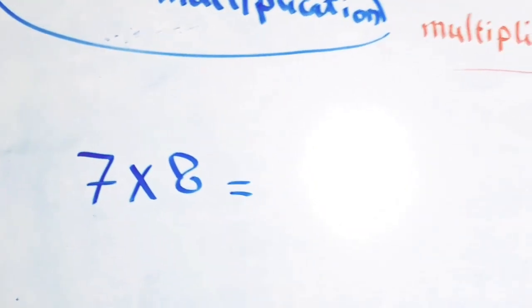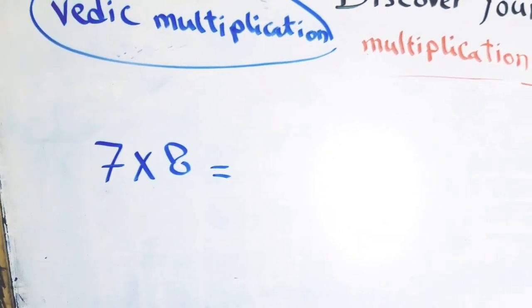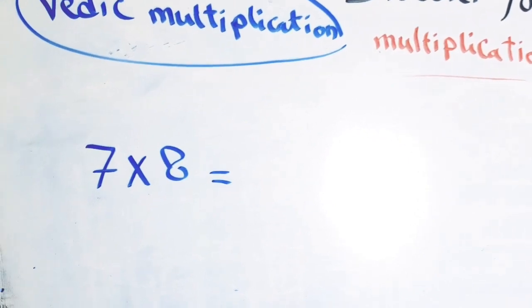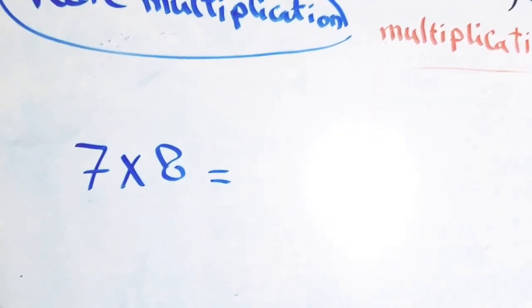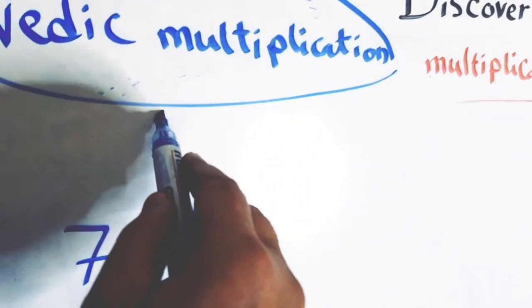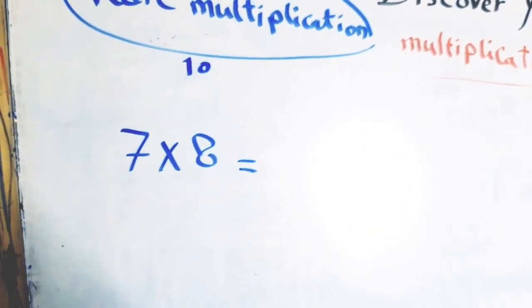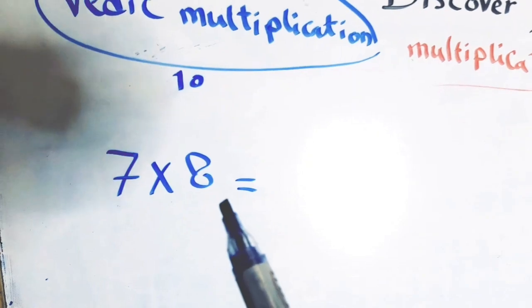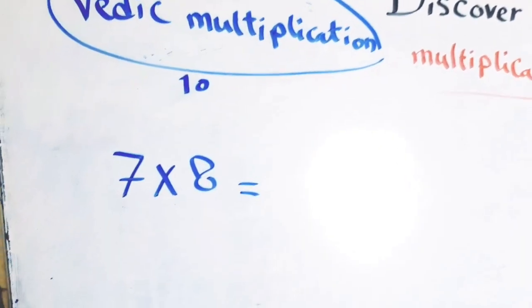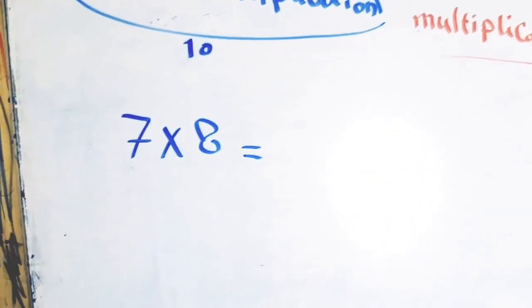Here, the Vedic method has a target. This target is 10. I mean that we want to reach 10 for each digit.